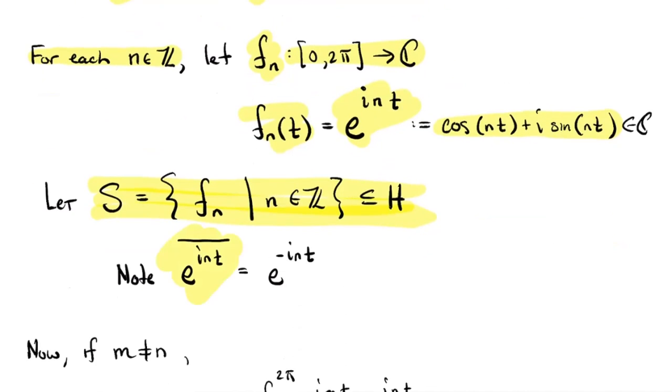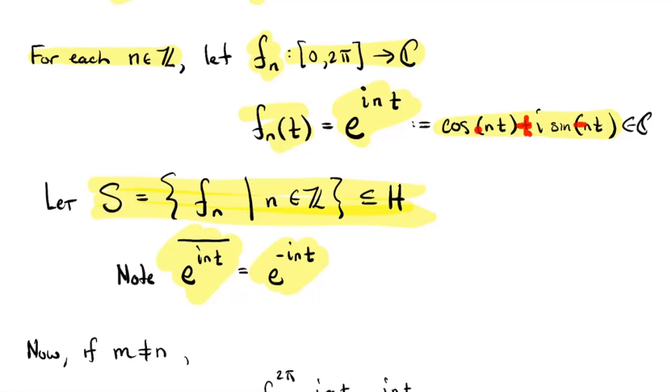Notice that the complex conjugate of e to the i n t is e to the minus i n t. That follows from this formula up here. If you take the complex conjugate of e to the i n t, you make that a negative, and I can absorb that negative into the sine function. Sine of negative x is the negative sine of x.